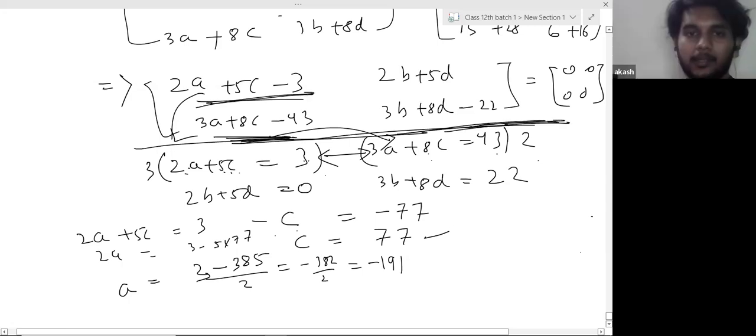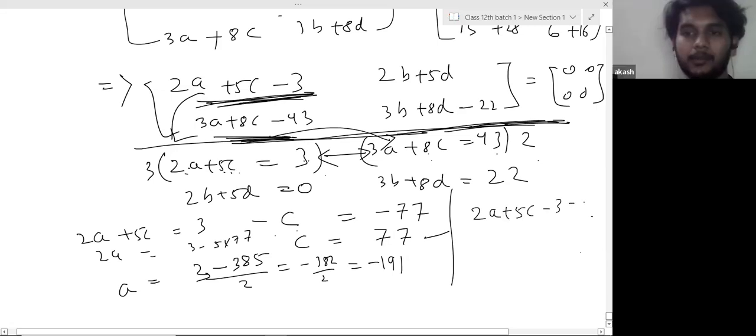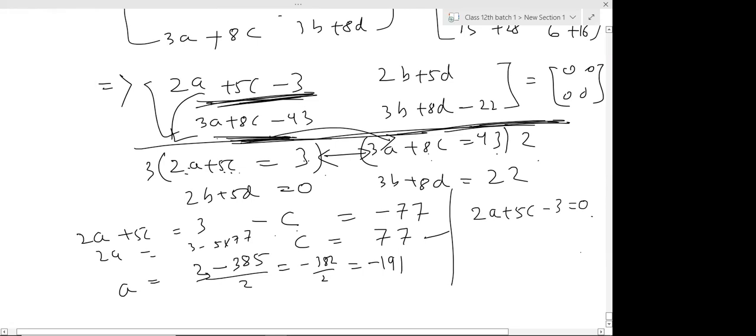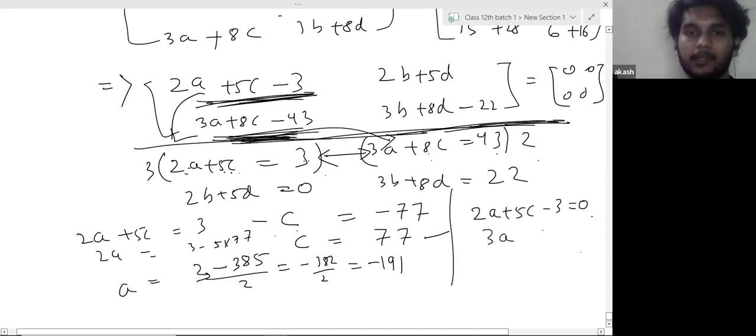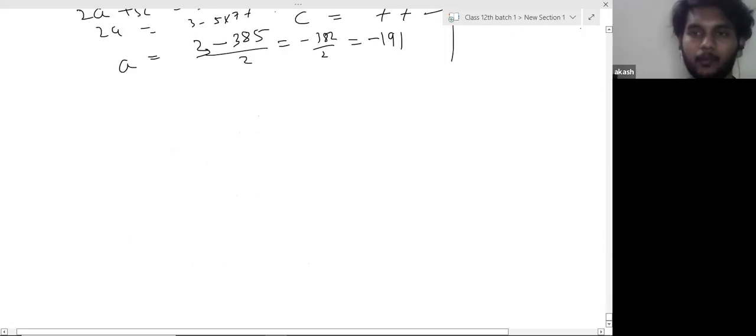So see, this equation is equal to 0, so I can write 2A plus 5C minus 3 is equal to 0, and from here, this is also 0, so I can write 3A plus 8C minus 43 is equal to 0. Let's take these two equations only. So what can I write?